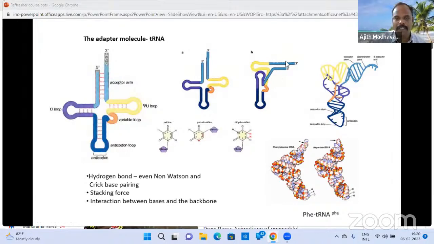This angular structure is turned and extended so that the acceptor arm is on one side and the anticodon is on the other. Don't you see an L-shaped structure here? So the tRNA, ironically, is interestingly an L RNA. So you have an L-shaped structure, which is a functional structure.